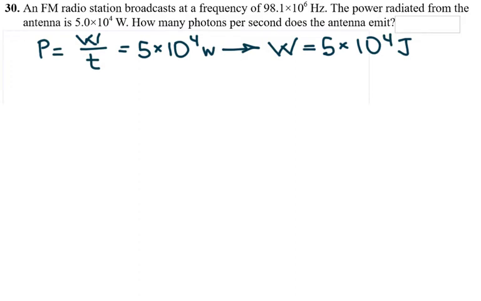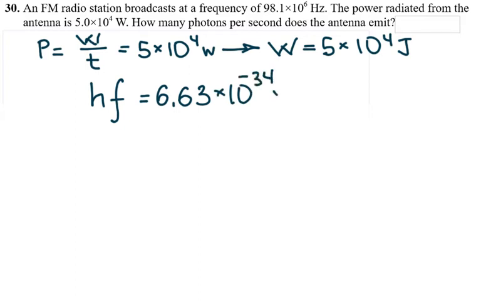And they ask you how many photons does it emit per second. So this is the energy of those photons. The energy of a photon is h times the frequency, and from the numbers that are given, I have 6.63 × 10^-34, I always make the same mistake, times the frequency, which is 98.1 × 10^6.